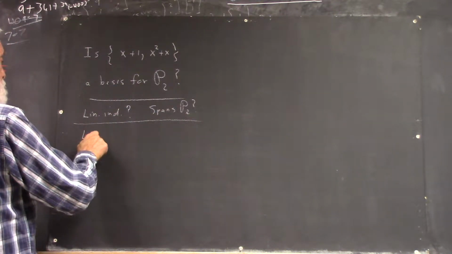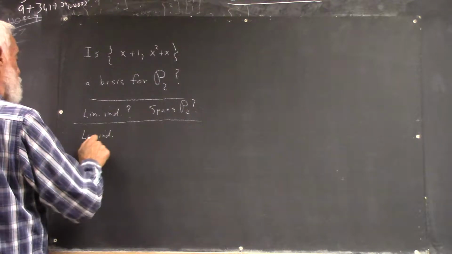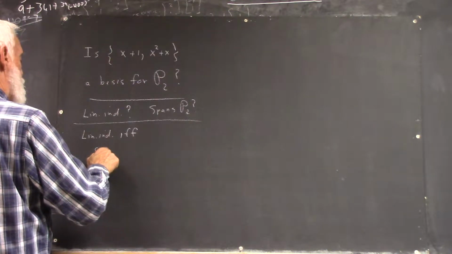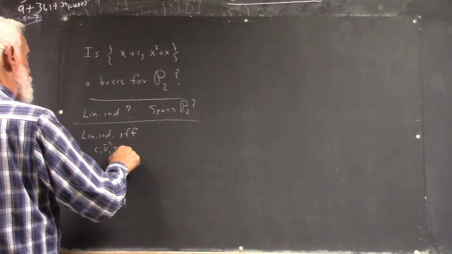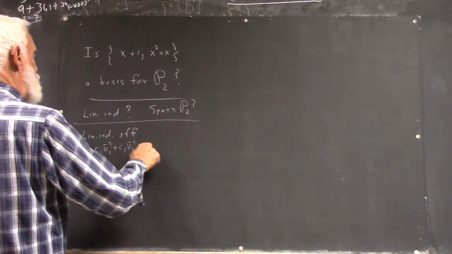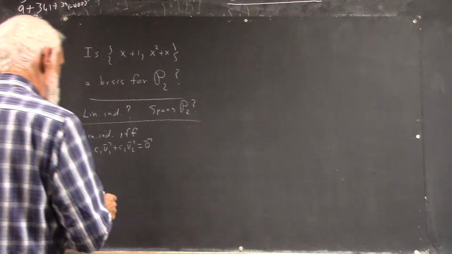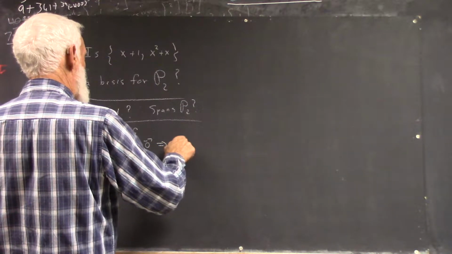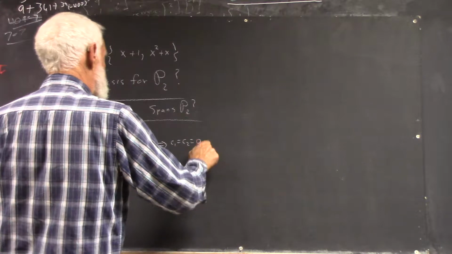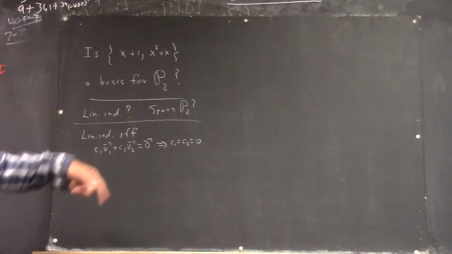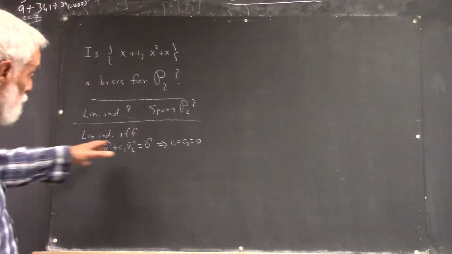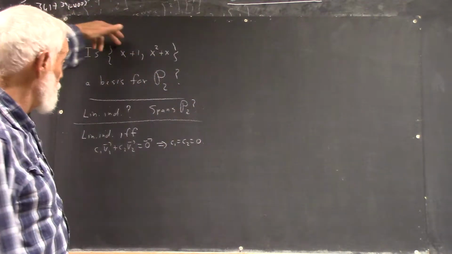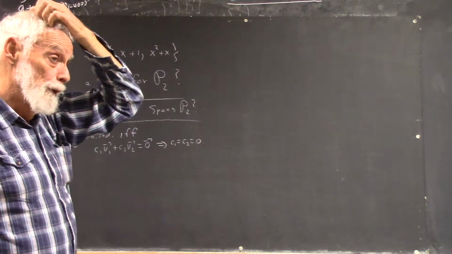So there's the test. Look, you always want to write that out, especially if you're in an unfamiliar vector space. Not that you're all unfamiliar with this space. You've done stuff with it, but it's been a little while.